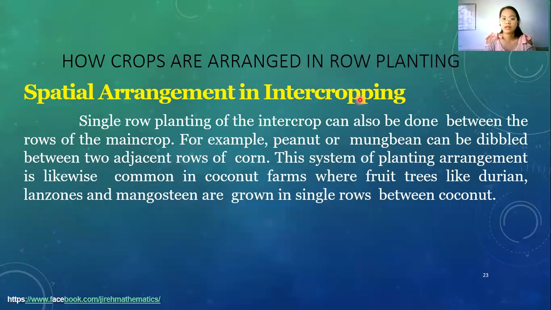Single row planting of the intercrop can also be done between the rows of the main crop. For example, peanut or mung bean can be planted between 2 adjacent rows of corn. This system of planting arrangement is likewise common in coconut farms where fruit trees like durian, lanzones, and mangosteen are grown in single rows between coconut.